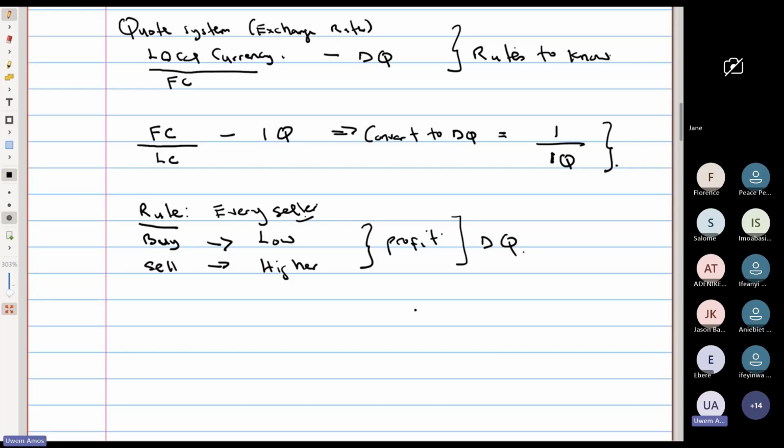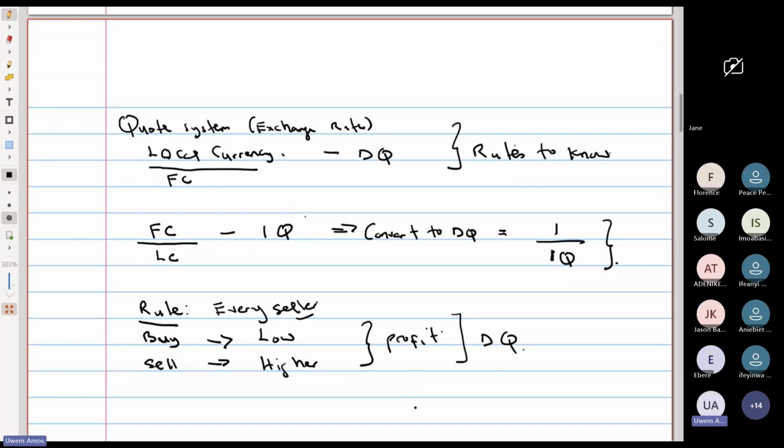So let's go back to our question quickly and just get that done. The first thing we need to determine is how our currency is quoted, and then we apply the rule. If our local currency is on top and the foreign currency is below, we know it's a direct quote, so we just apply the rule straight up.